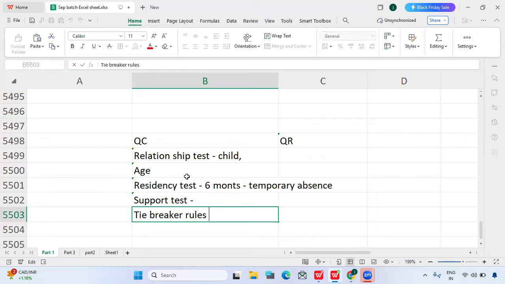So the tiebreaker rule, parents versus non-parents. Parents will get the edge. If both are parents, then we will check the number of days. If the number of days is also equal, then we will check the income, AGI. If AGI is also the same, then we will give the option to the taxpayer and spouse. Let them decide. If still they are unable to decide, then IRS will decide.